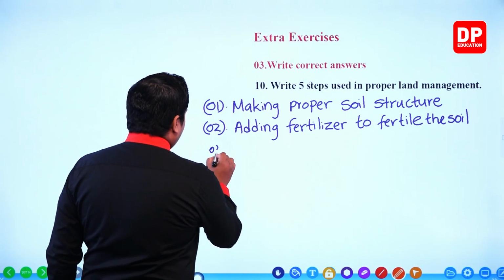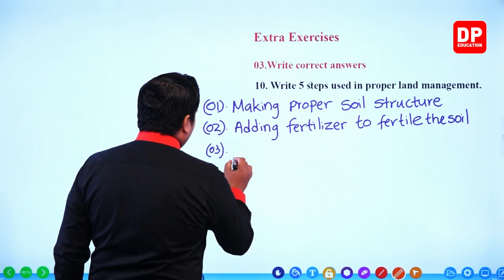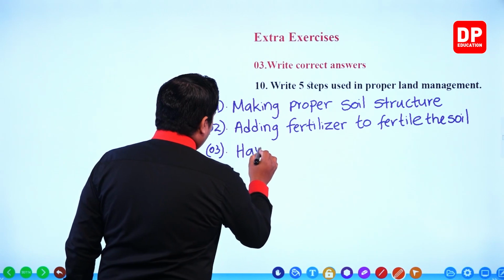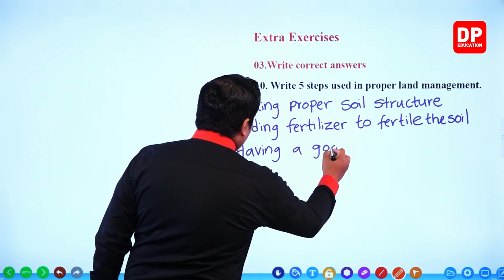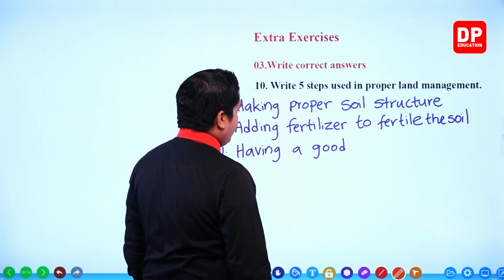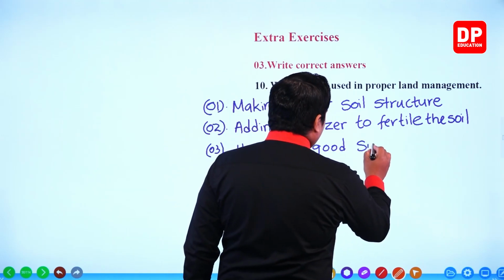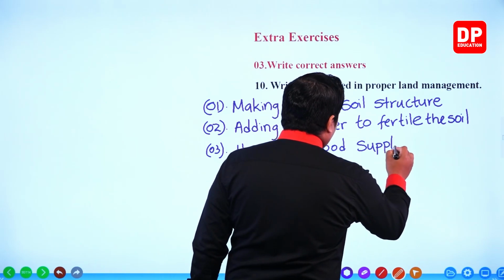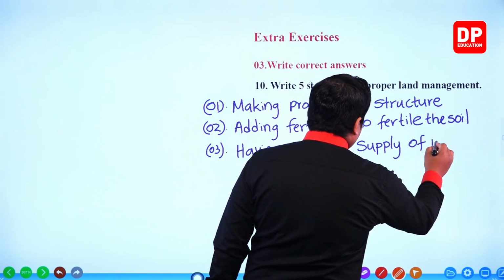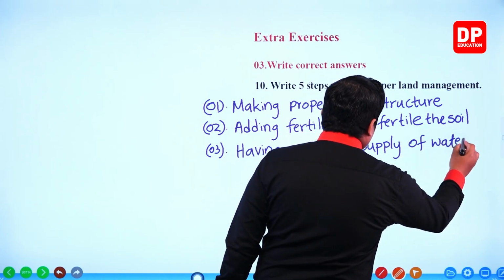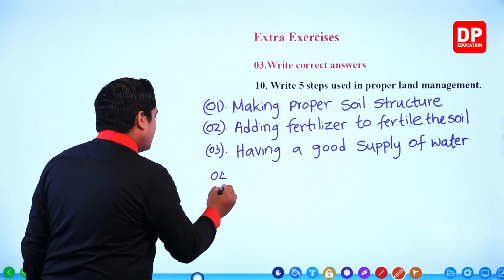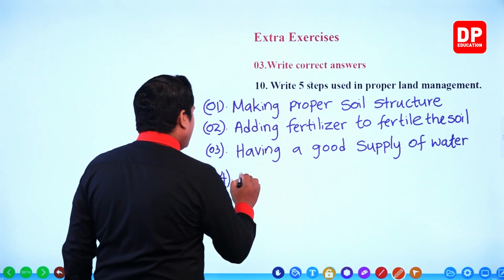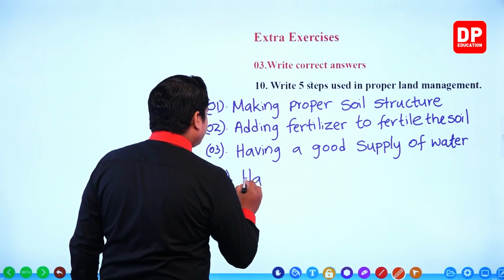Number 3, having a good supply of water. Number 4, having a good drainage system.